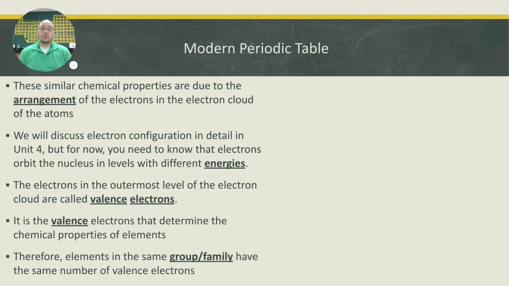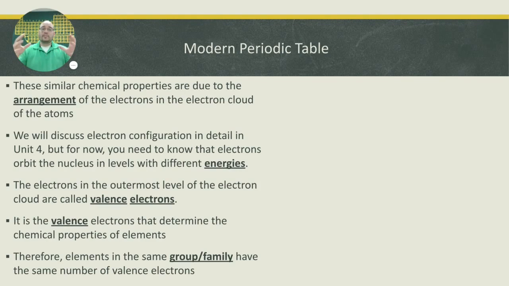Elements in the same group or family have the same number of valence electrons, because again, we just said valence electrons are what determine the chemical properties. So if they have the same chemical properties, they're going to have the same number of valence electrons. Now, the differences between one element and another has to do with how far those valence electrons are from the nucleus.